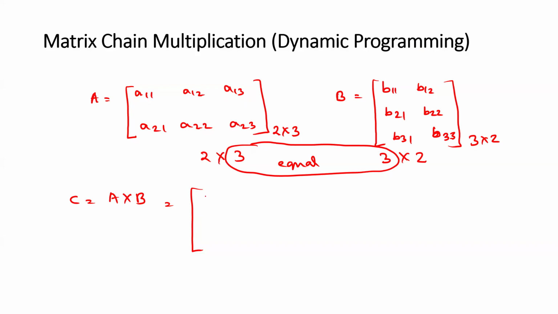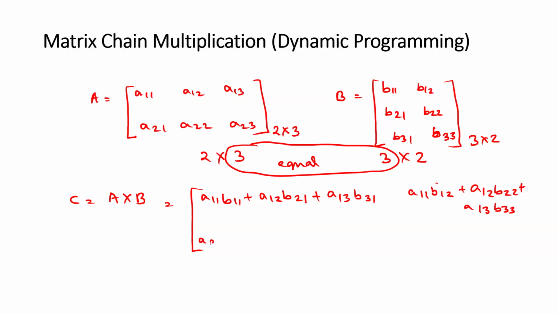Then the second row of the first matrix is multiplied with the first column of the second matrix.